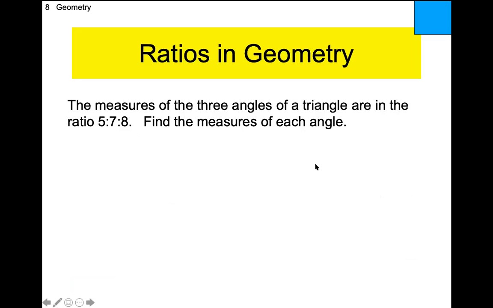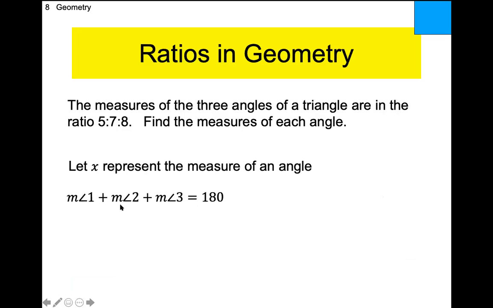All right, one more time. Once again, we're dealing with a triangle and we're dealing with angles. This time the ratio is 5 to 7 to 8. It's done exactly the same way. You let x represent the measurement, so the measure of angle 1 plus angle 2 plus angle 3 is 180.